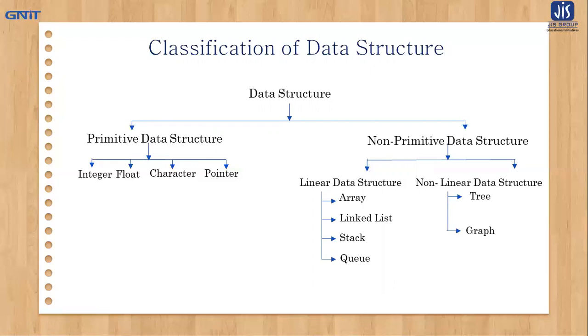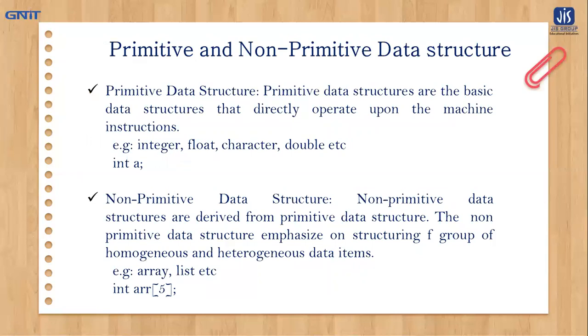Under linear data structure, we will study array, linked list, stack, and queue. And for non-linear data structure, we will study tree and graph. We will study all this in brief in the next part of this lecture. For now, we have to know what is primitive data structure and what is non-primitive data structure first.